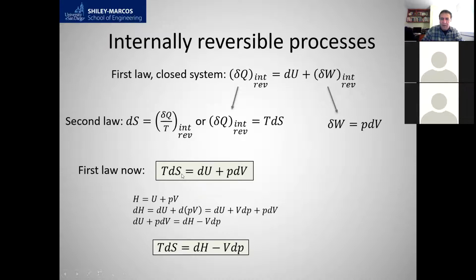So now we can write T dS, temperature times change in entropy, and instead of having the internal energy plus P dV, we have change in enthalpy minus V dP. You see how it's different?